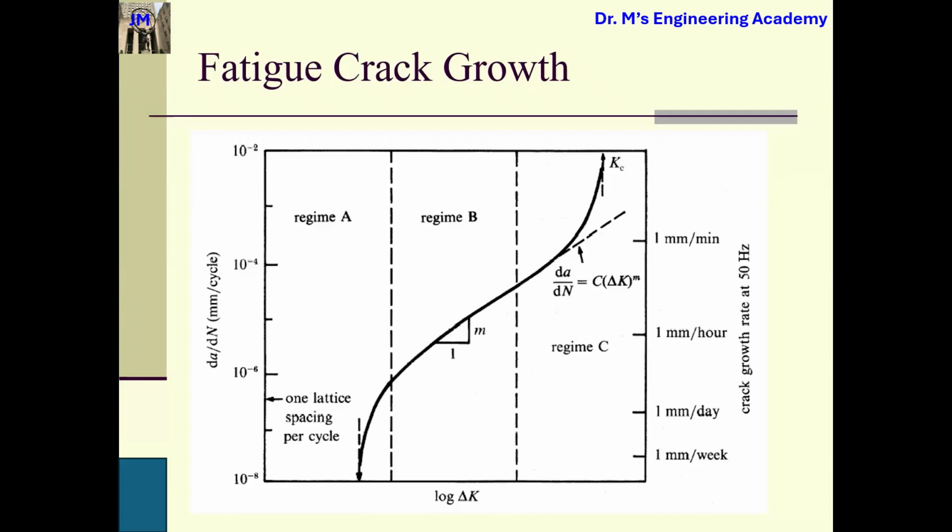Here it goes very slowly. Here it is very steady. And this is the third stage, where the crack grows very fast until the component fails, just like a cleavage crack probably.